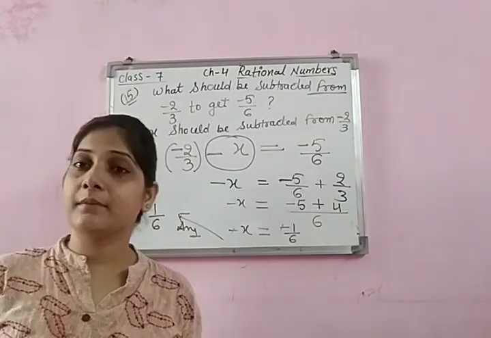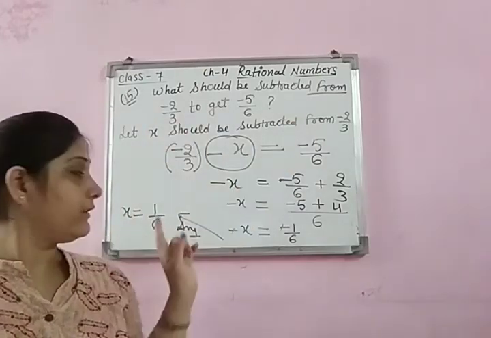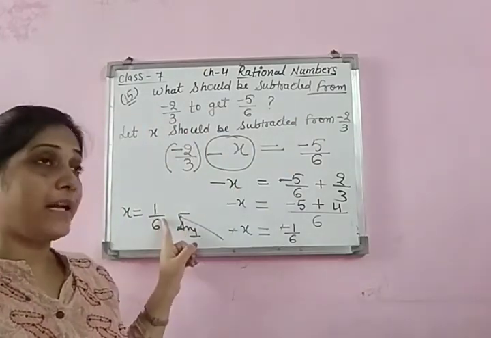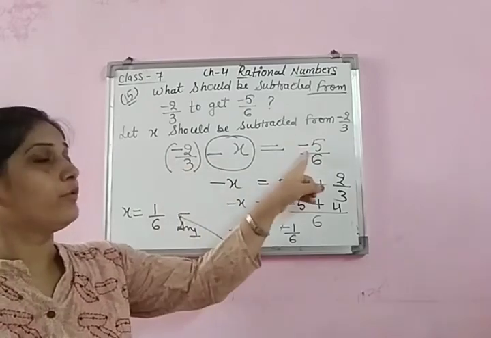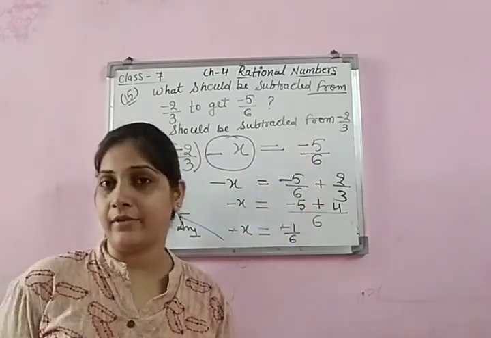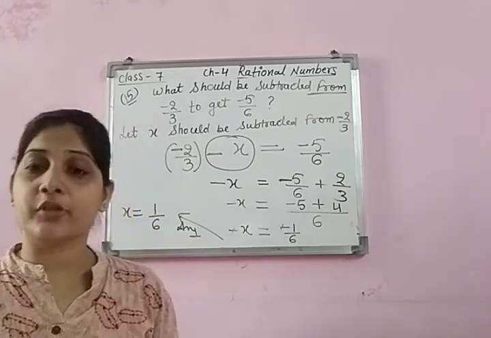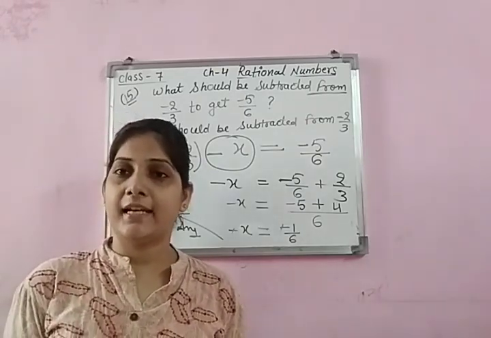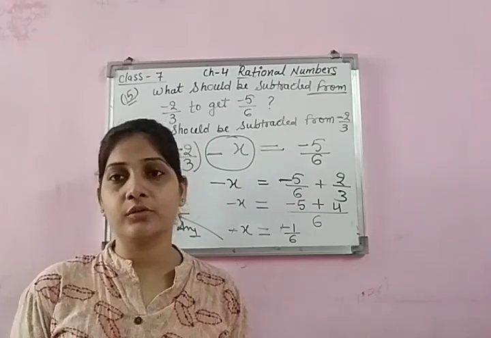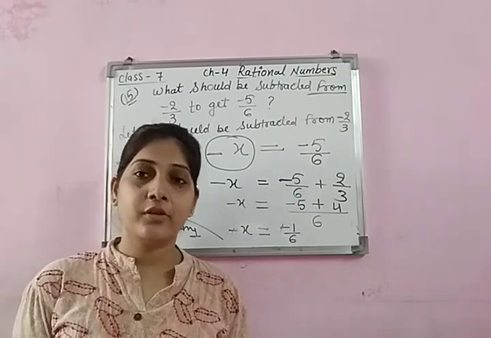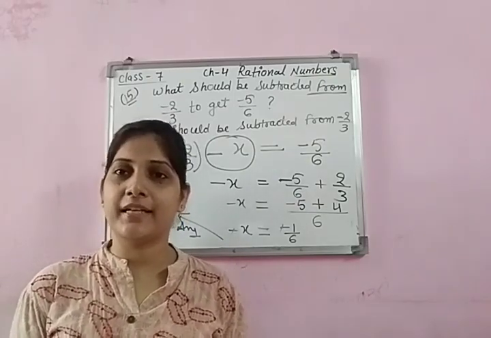So what is that number which should be subtracted? 1/6. If you subtract 1/6 from this, you will definitely get this one. Please verify your answer. So in this way, we can solve the word problems from question number 4 to 16. And I will give you a worksheet also. So go through each and every question. Do a lot of practice. Thank you and have a nice day.